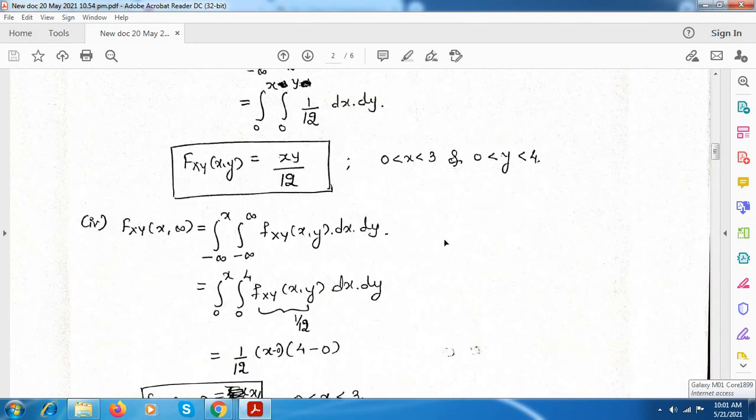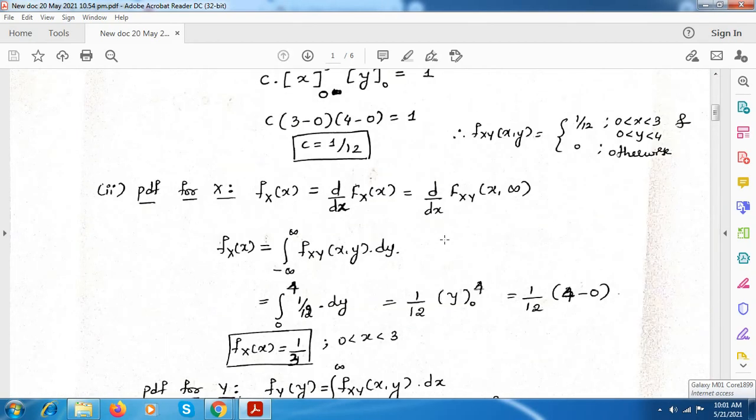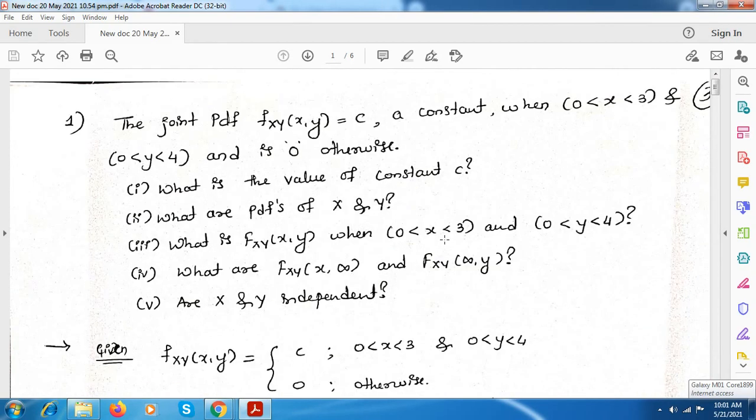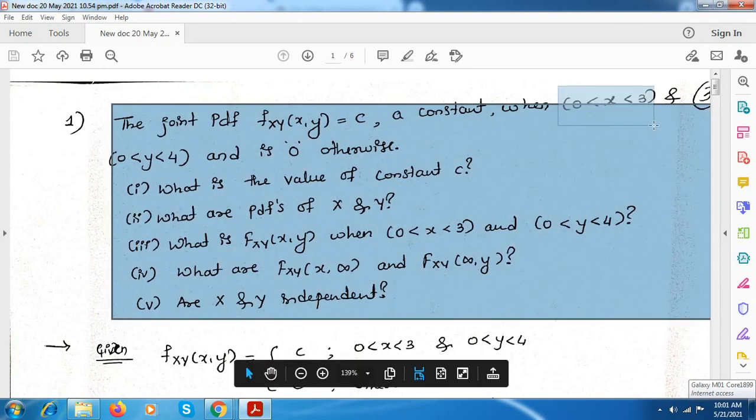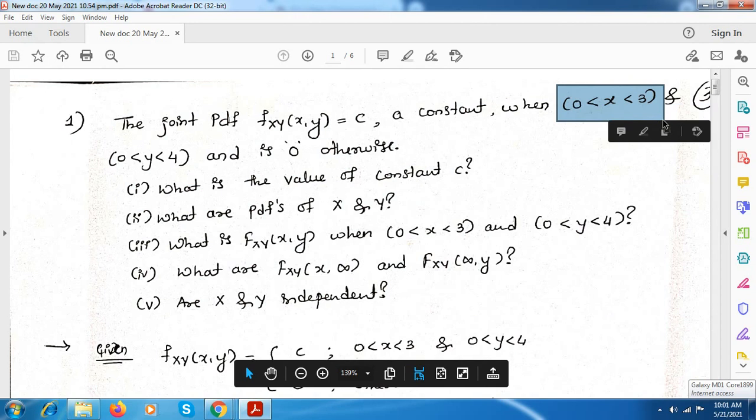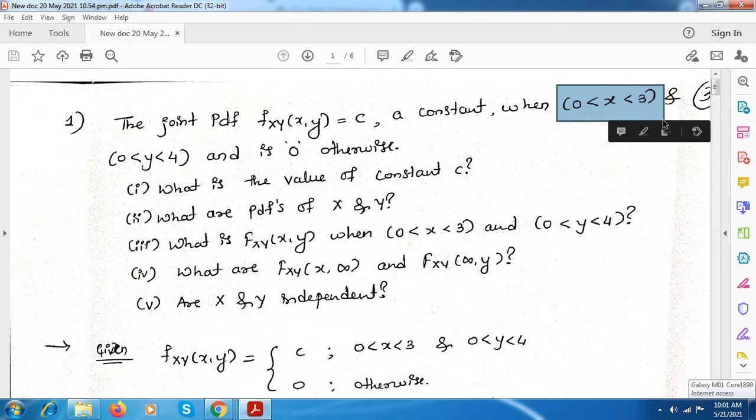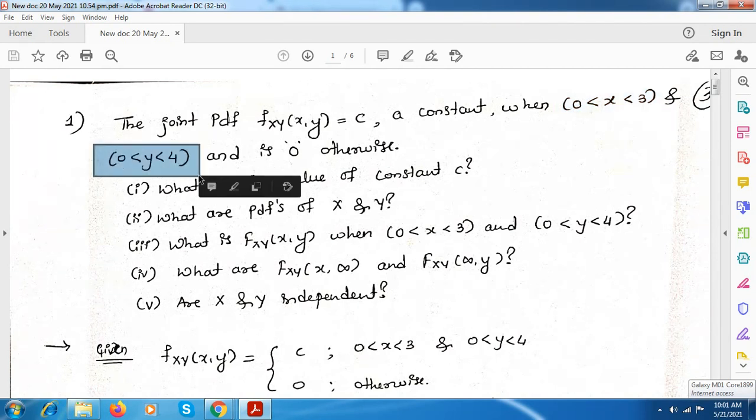So I'll give you an assignment, a similar kind of problem. It will be helpful for you only if you solve it. Take down the same problem, but here the range of x will be from 0 to 2. Instead of x ranging from 0 to 3, you take x which ranges from 0 to 2, and y will be from 0 to 4 itself.